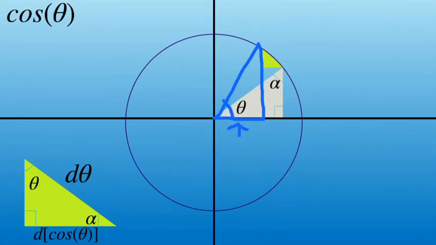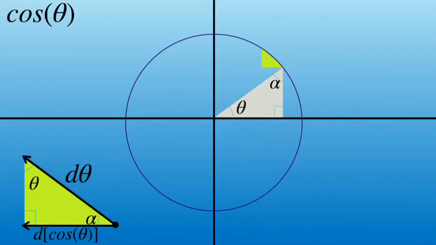Now that cosine has changed definitely in a negative way, so actually the d cosine of theta points in the opposite direction of the positive direction of the x-axis, which is this way. It increases this way, right?